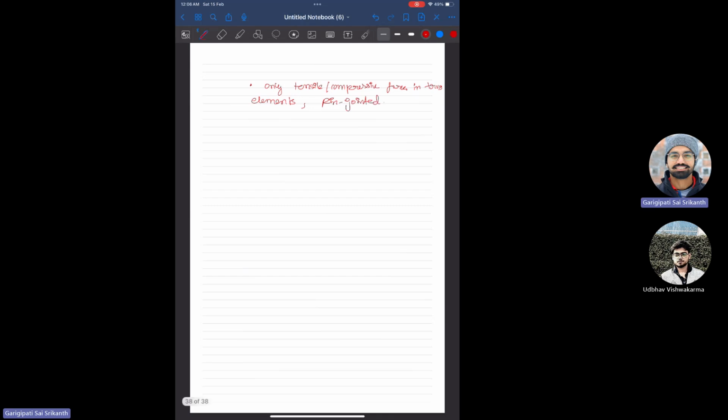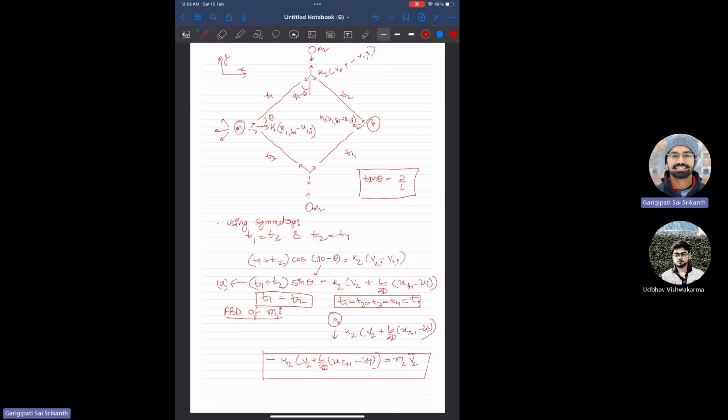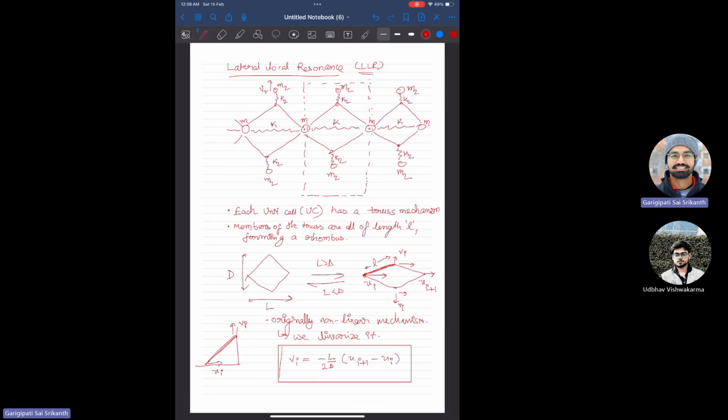Let's say if you remove the pin joints, or additionally add some rotational stiffness, then there would be shear and bending, and those things would be really crucial.